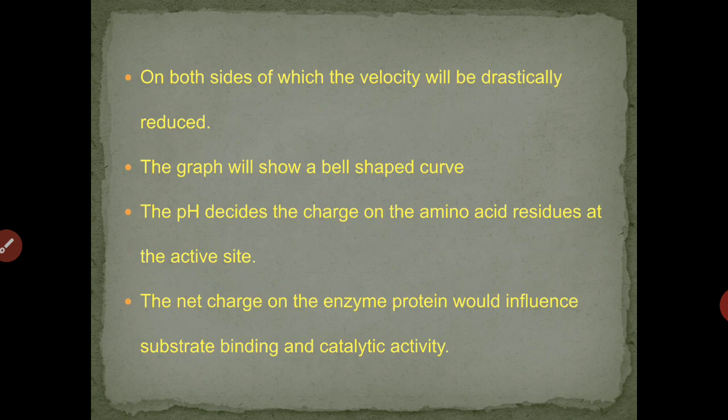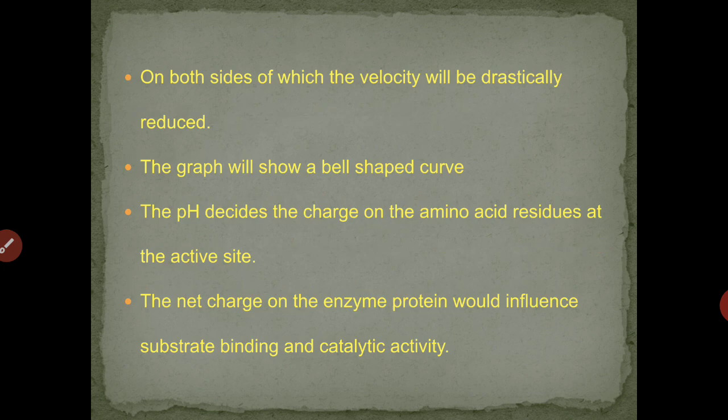So on both sides, the velocity will be drastically reduced. If you increase or decrease the pH of the media, you will see a drastic reduction of your enzyme catalyzed reaction, or the velocity. So when you plot the graph, it will show a bell shaped curve, just like for your temperature.